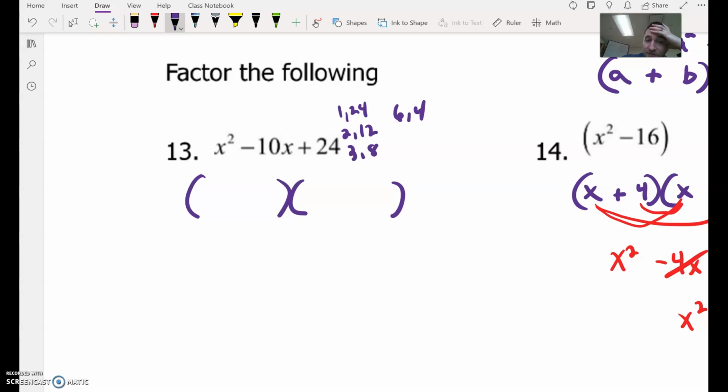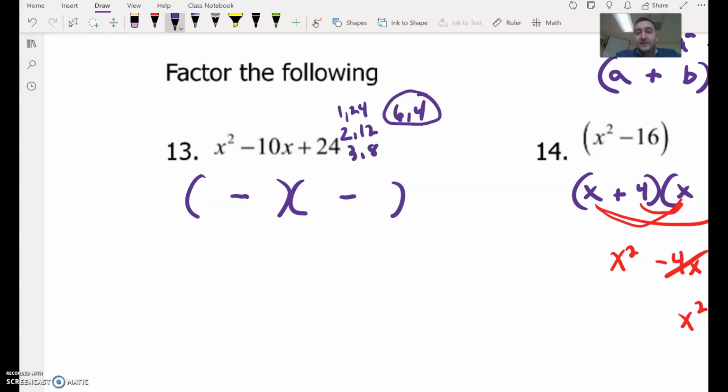And honestly, this is a tricky one because 6 and 4 can give me 10. So can 2 and 12, 12 minus 2. So I'm going to have to be careful here. This needs to be a positive 24. So if you see a positive sign here, then you know that both of your signs are going to be the same. So we know that this is going to be a double negative here.